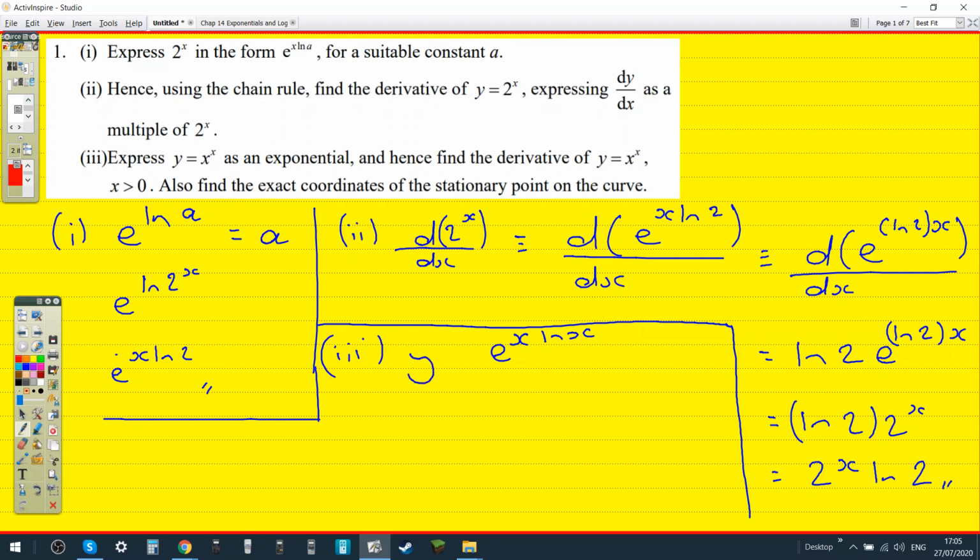Say that again, sorry. If you differentiate it, would you get ln x times e to the power of x ln x? Yeah, okay. I don't know if that's right, but let's see.